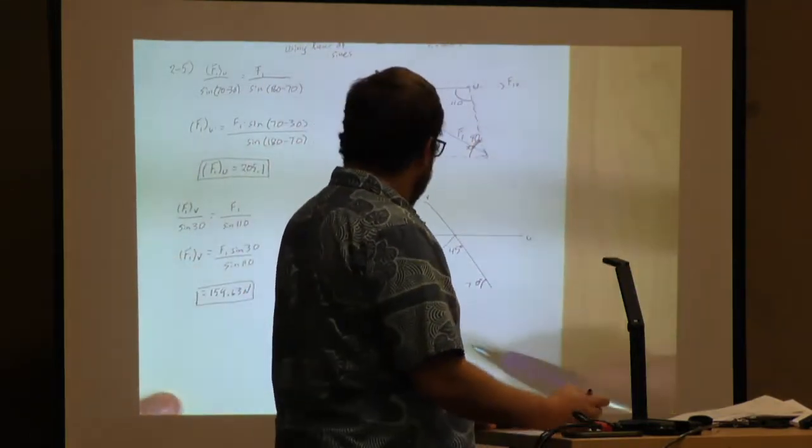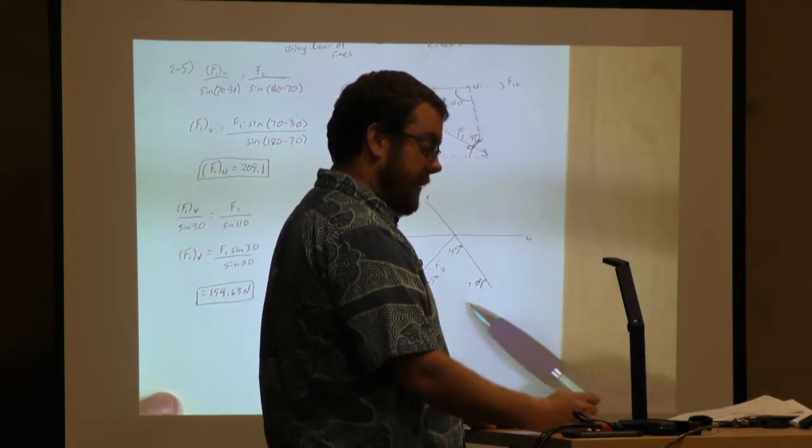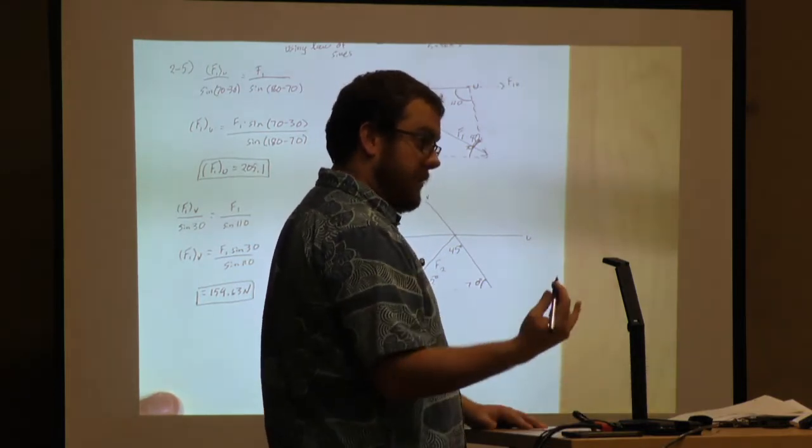So once again, we set up the parallelogram law, just drawing our dotted lines there, and then we're going to go right into law of sines again.